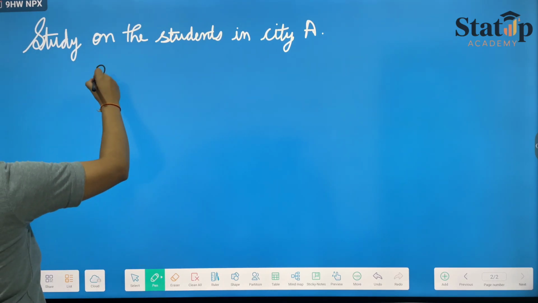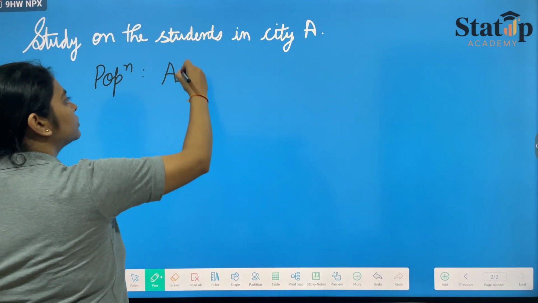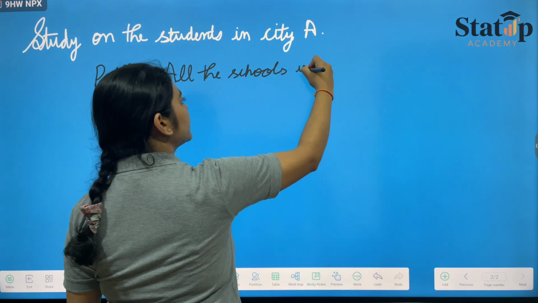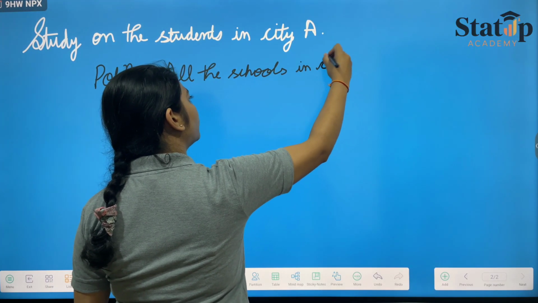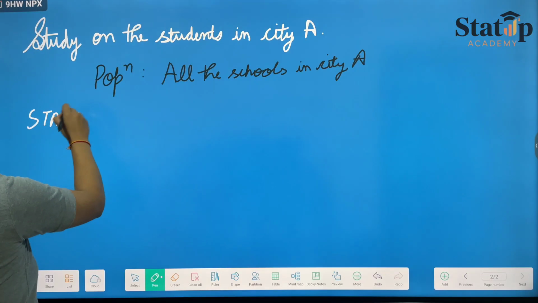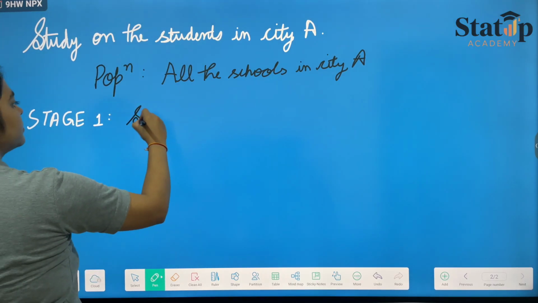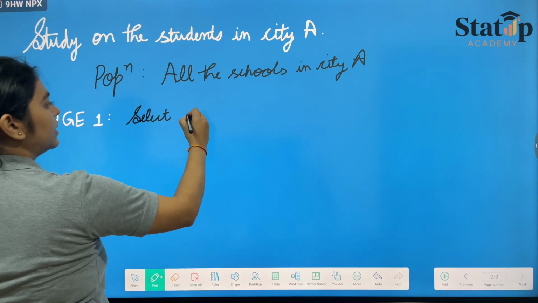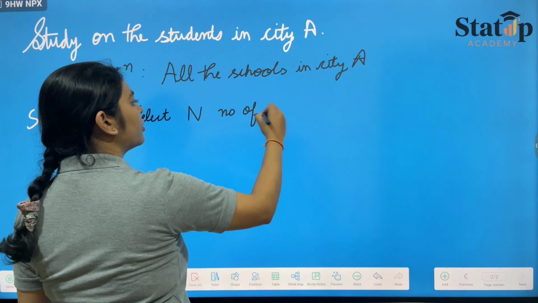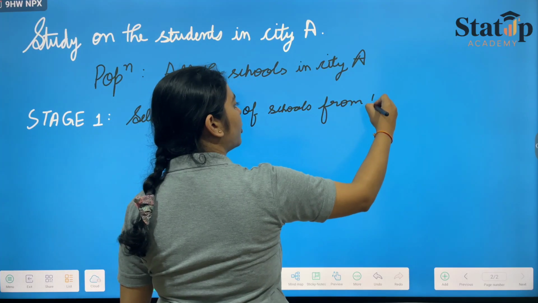The population is all the schools in city A. All the schools in city A form our population. And in stage one, suppose we select N number of schools from the population.